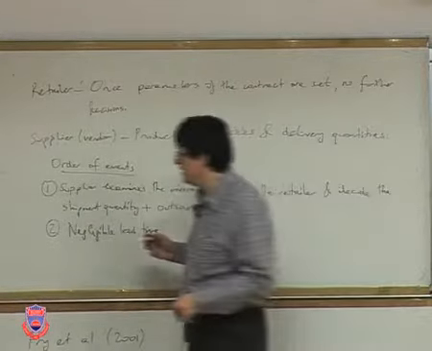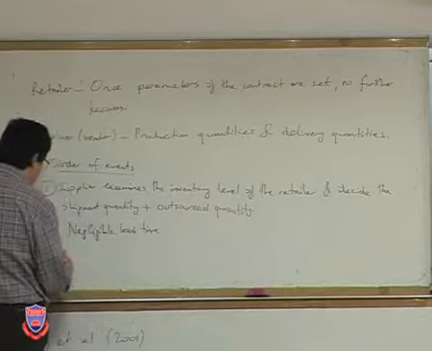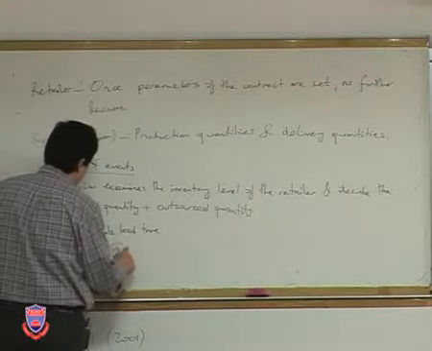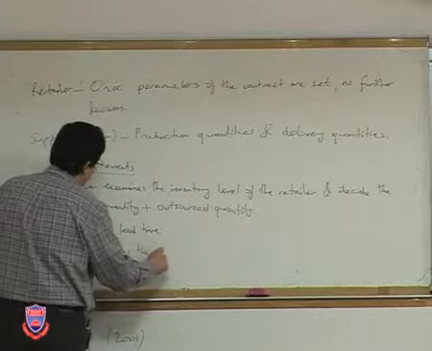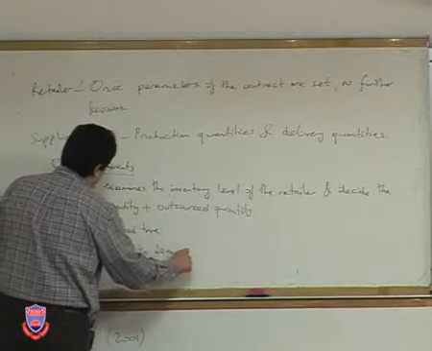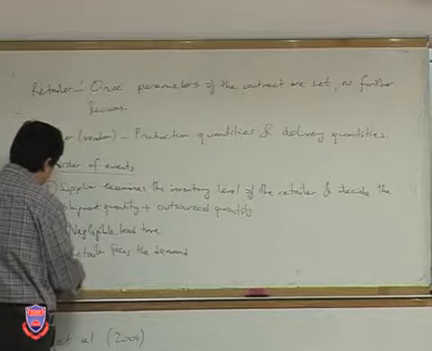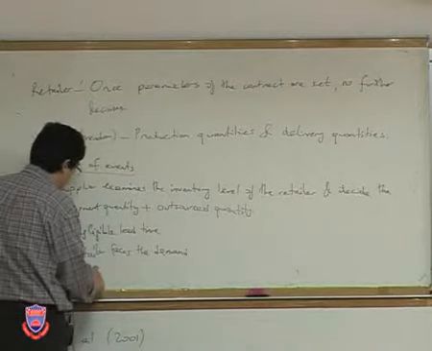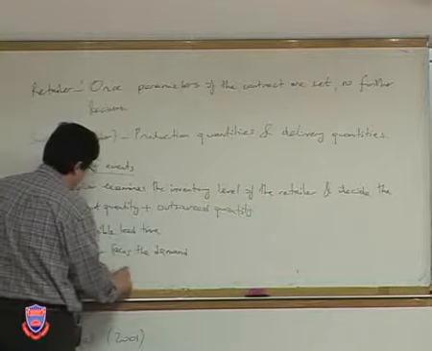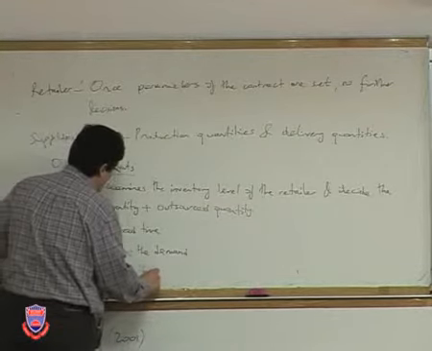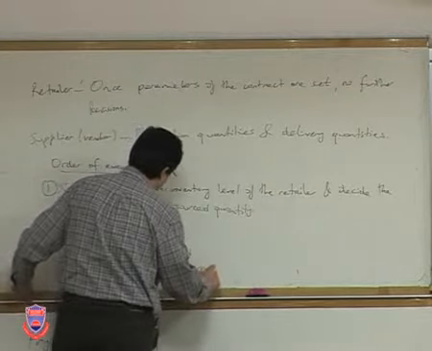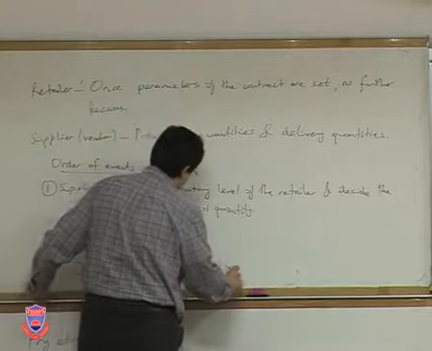Number 3, the retailer is going to face the demand. And finally, number 4, okay, penalty costs, if any, are incurred for the vendor.